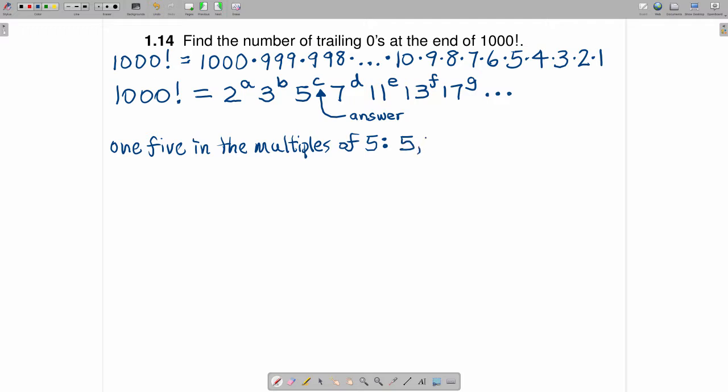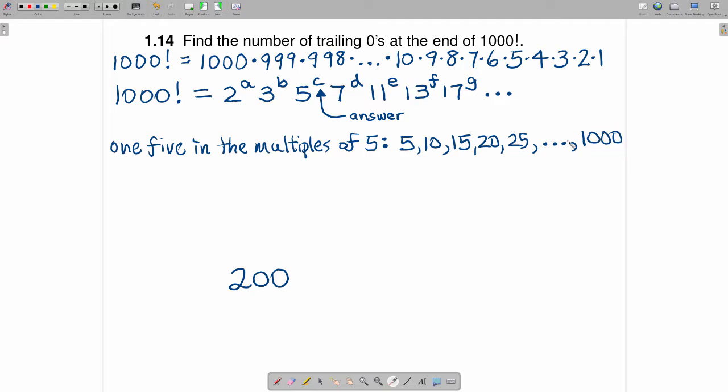They are 5, 10, 15, 20, 25, 30, 35, 40, all the way up to 1,000. Okay? So we can count on getting a 5 in that prime factorization from every single one of these guys. In fact, let's figure out how many of those there are. If we take 1,000 and divide it by 5, we will get 200 5s out of these numbers.